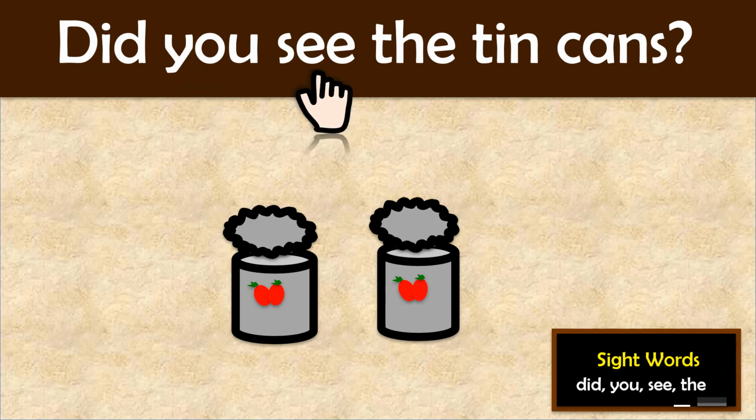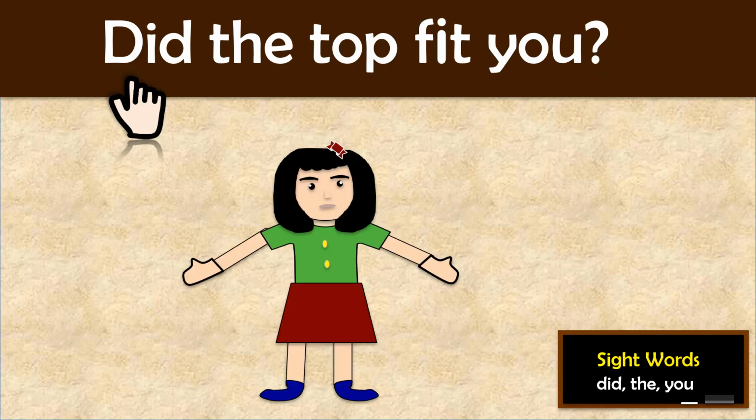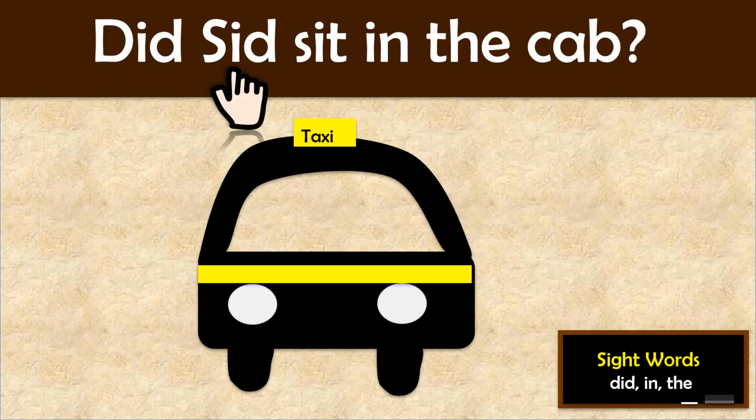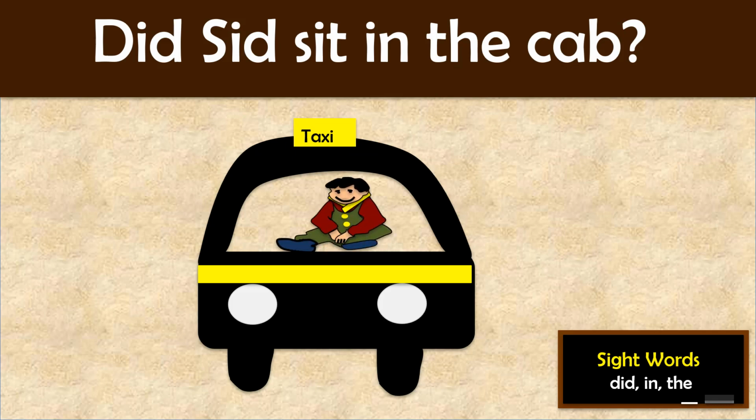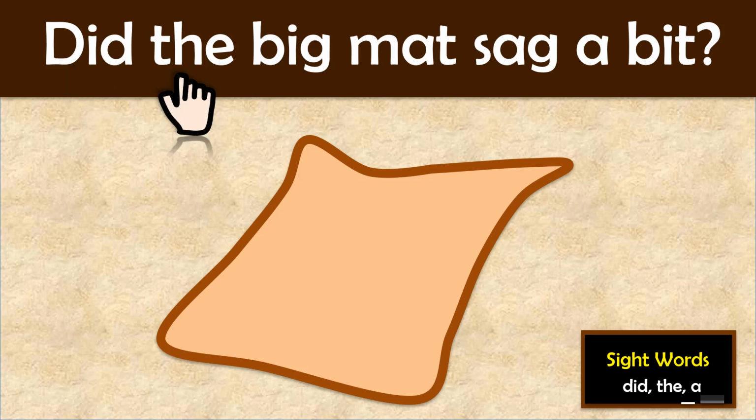Did you see the tin cans? Did the top fit you? Did Sid sit in the cab? Did the big mat sag a bit?